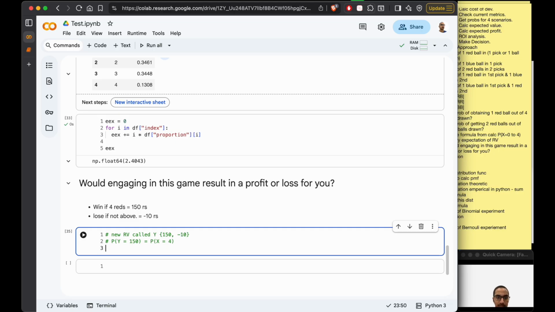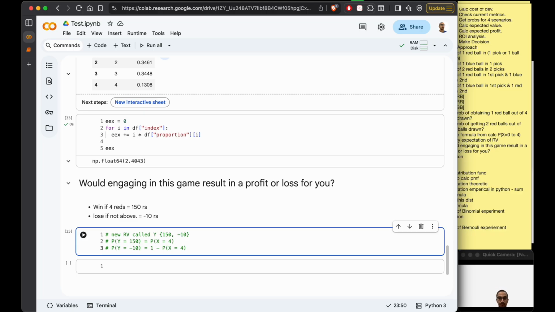And P of y equal to minus 10, or me losing the game, is nothing but 1 minus P of x equal to 4, right? So anything other than 4 reds is when I will lose.